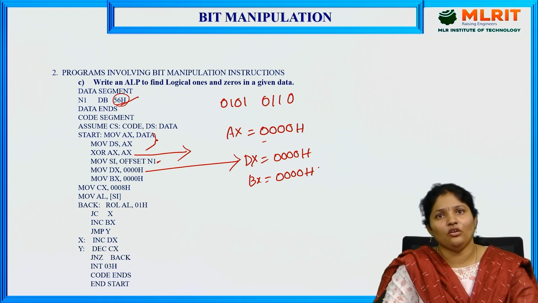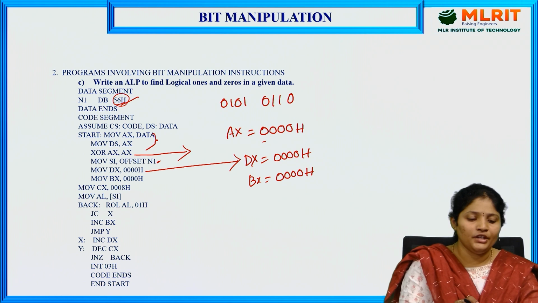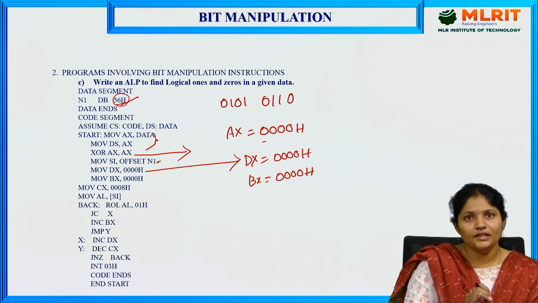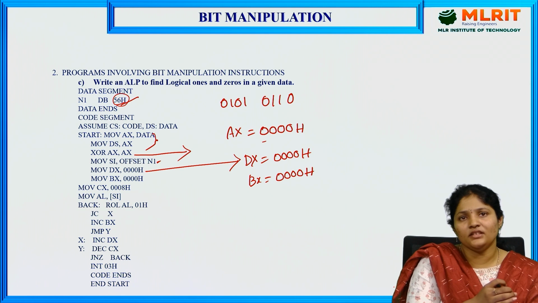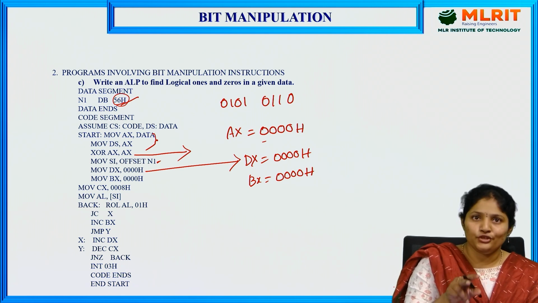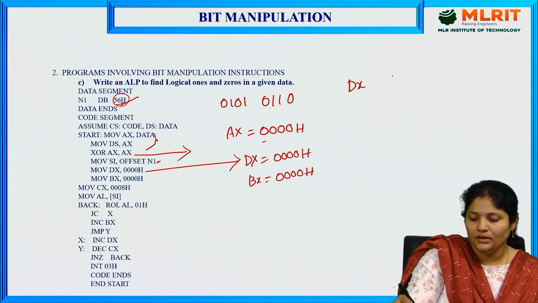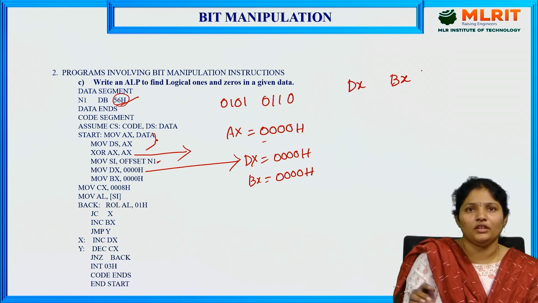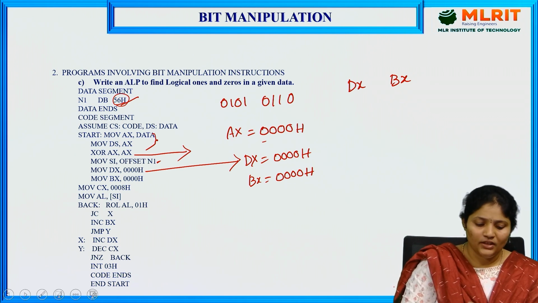What is the need of using the BX and DX registers? As I already told you, this program identifies how many logical ones and logical zeros are present in the given input. So to store these two outputs, we need two registers. Here the DX and BX registers are used to hold the two outputs. That's why I initialized the registers with all 0 values.